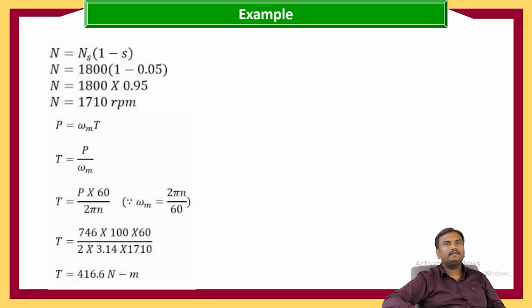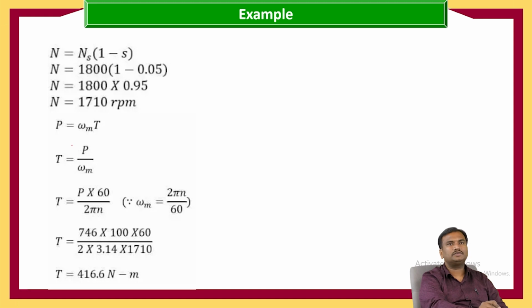After getting Ns, the motor speed is equal to Ns into (1 minus S), that is 1800 into (1 minus 0.05), which is 1800 into 0.95, giving 1710 RPM.